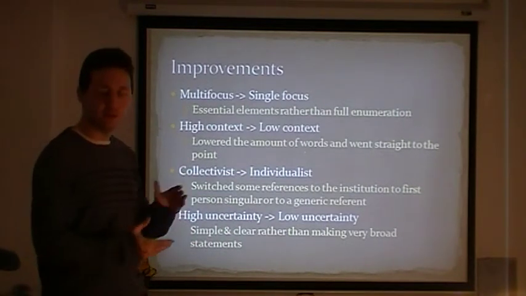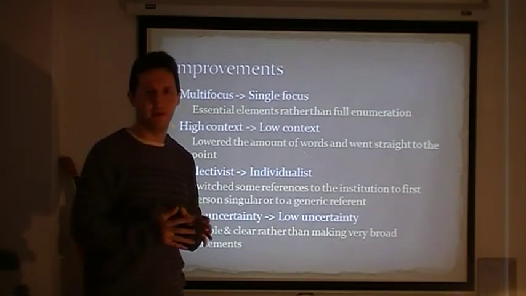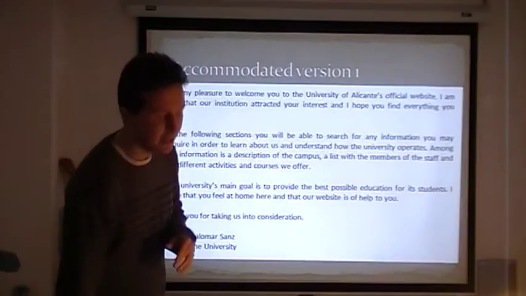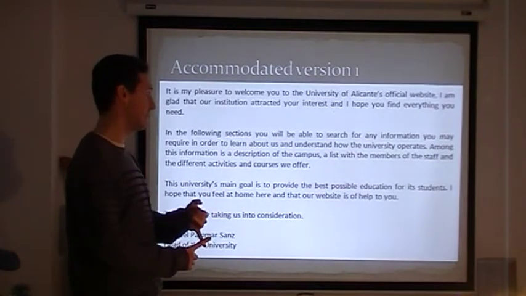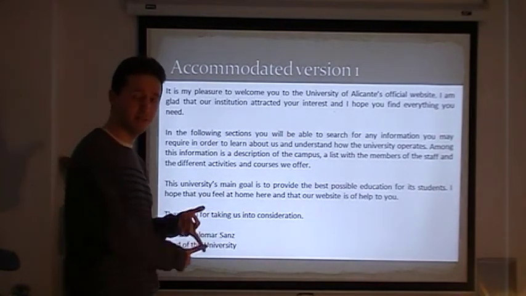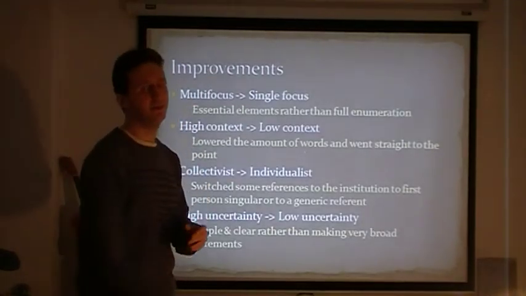So, whereas in the first version of the text, it listed everything the page contained, I actually selected the 3 elements which I found most relevant, which are the description of the campus, a list with the members of the staff, and the different activities that the university offers, rather than naming, I think it was 9 things that it mentions in the original version.